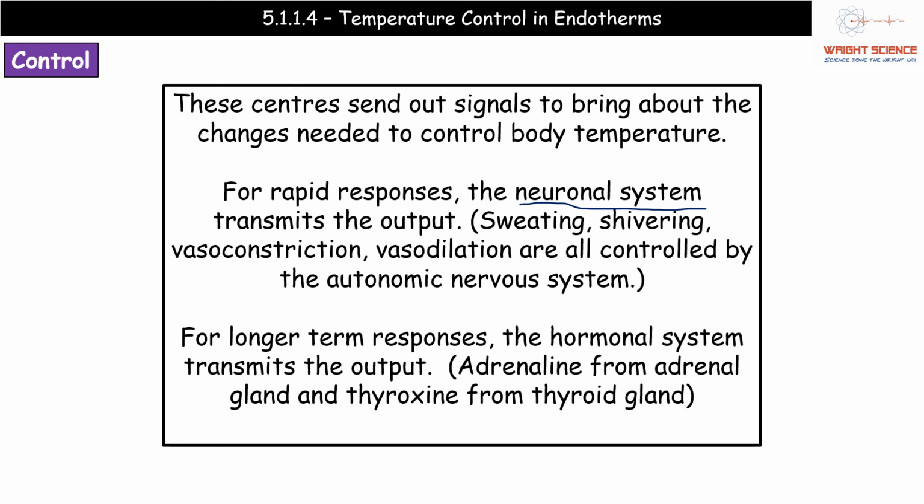If we want some longer term responses, it will of course be the hormonal system that we utilise. So think about things like thyroxine coming from your thyroid gland, adrenaline from the adrenal gland. So hormonal system we have a look at in more detail at a later part in Module 5 as well.